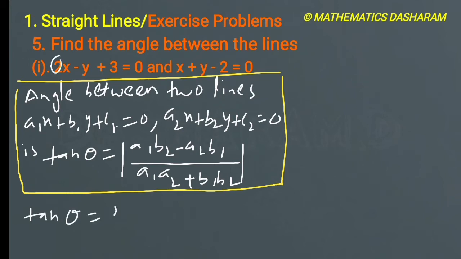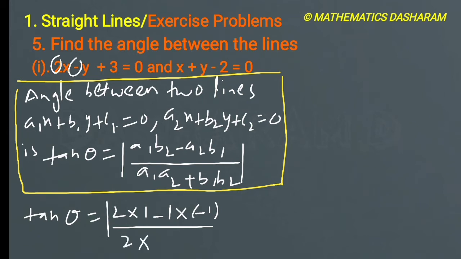Here the y coefficient is b2, that is 1, minus a2, here the y coefficient is minus 1, into b1, the y coefficient here is b1, sorry, here a2 is the x coefficient, that is 1, into b1, the y coefficient, that is minus 1, divided by a1 into a2, x coefficient 2 into 1, plus b1 into b2, b1 means here the y coefficient minus 1, into here the y coefficient is 1.